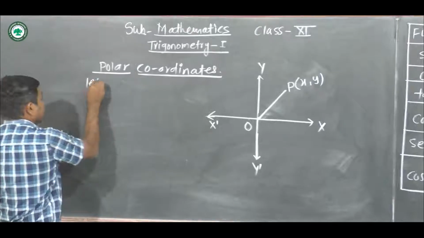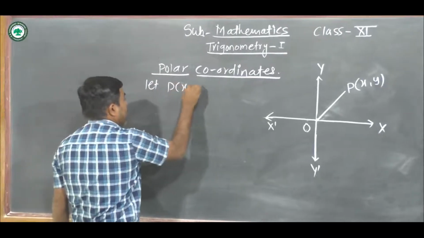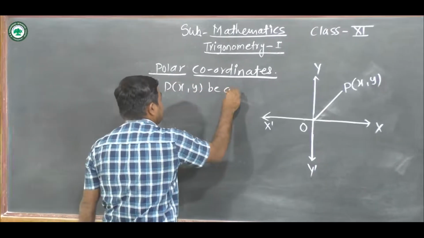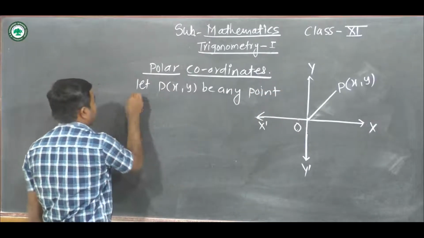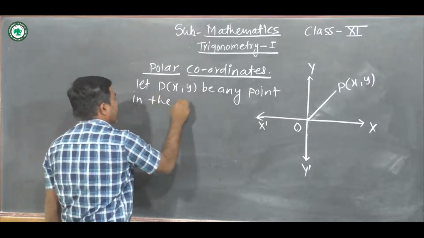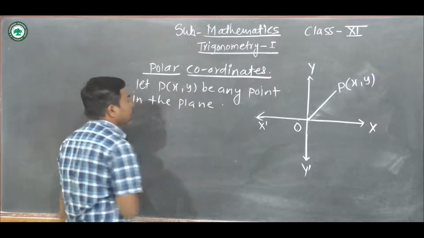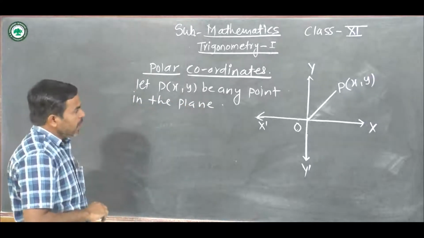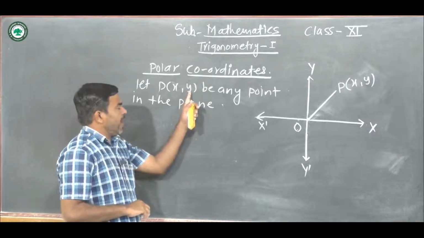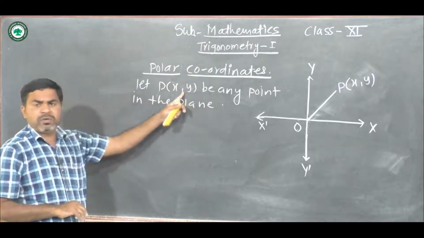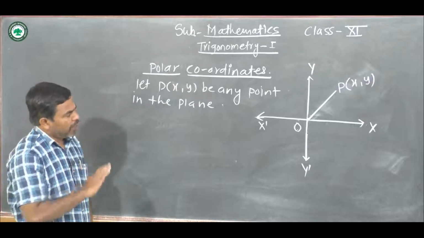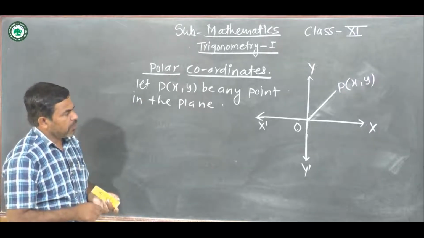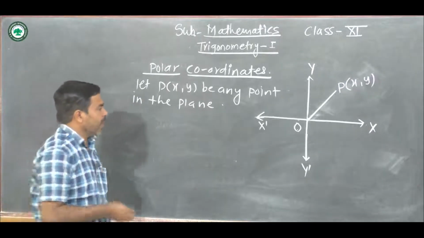Let P(x, y) be any point in the plane. See here, this x, y, these are called Cartesian coordinates of point P. So point P is any point in the plane; we have considered point P in the first quadrant.